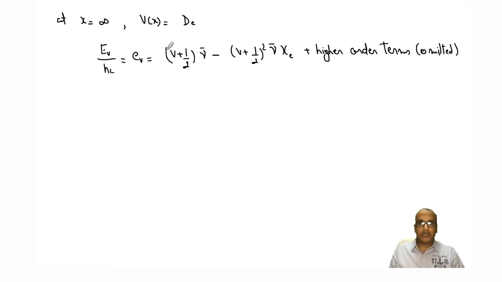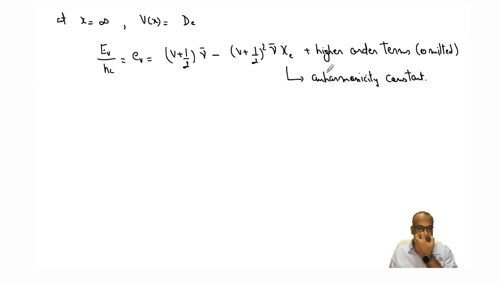So the rest of the terms you already know. Chi_e is the only new term which was not there in the simple harmonic model, and this is called the anharmonicity constant. So this will depend on multiple things, right?